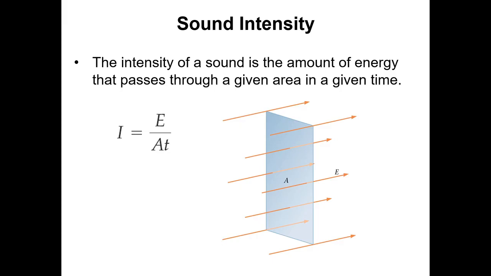Intensity takes that concept further: how much energy passes by a certain area A per unit of time. So it's the energy per unit of area per unit of time. The energy per unit of time is power, E divided by T, that's the P part. And so you just have P over A, and that's called the intensity.